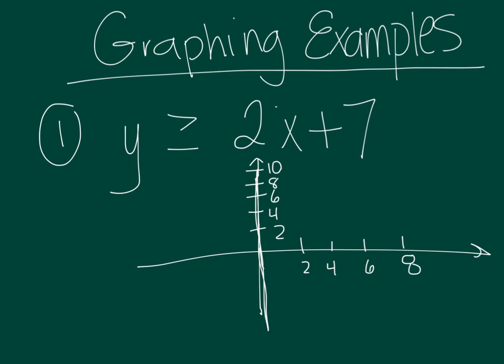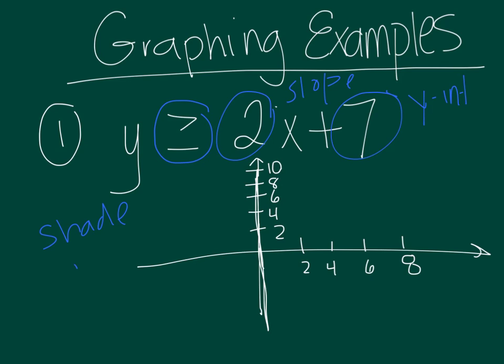Okay, in this example we have y is greater than or equal to 2x plus 7. 2 is our slope. 7 is my y-intercept. This is a greater than or equal to, so we know we're going to shade above. And it's going to be a solid line.